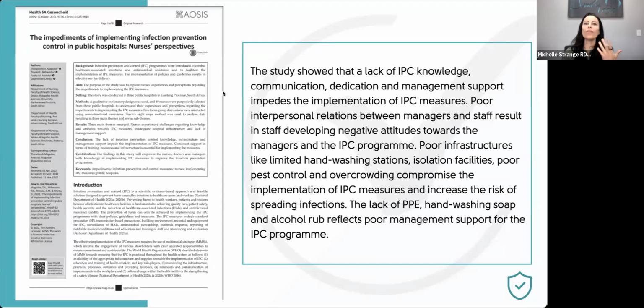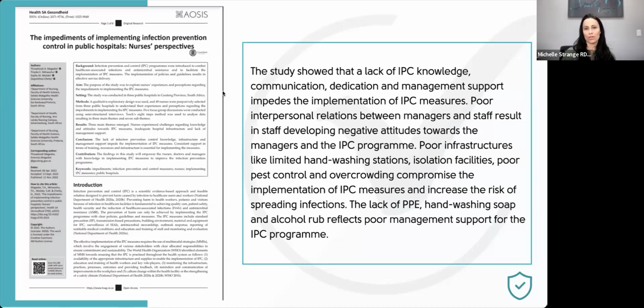When there's a breakdown in how information is shared, whether it's about protocols, new procedures, or even product usage, errors are just more likely to happen, which obviously makes sense, right? When we're not communicating, there's going to be errors.